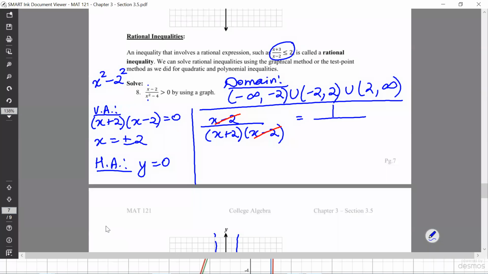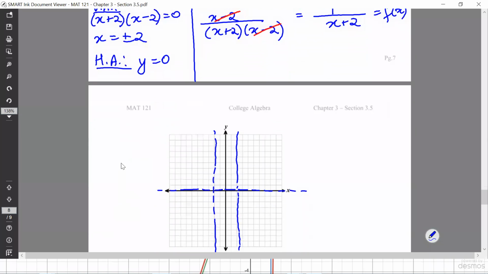It does not disappear. You will have 1 on the top and x plus 2 on the bottom, which, when you put the function in lowest terms, looks like the only number you cannot use here is negative 2, right? But from the original, we know we cannot use both positive and negative 2.